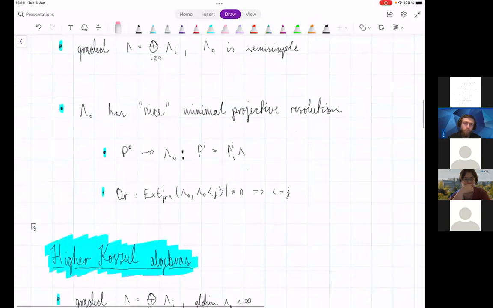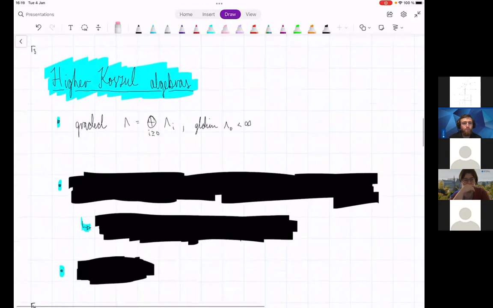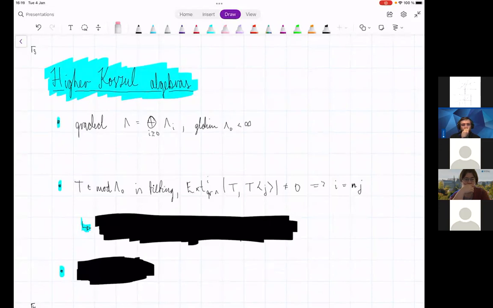When we pass to so-called higher Koszul algebras, we loosen this requirement of the degree 0 part being semisimple. Instead, we only require that it have finite global dimension. Moreover, instead of only looking at lambda 0 as the module having good behavior, we allow ourselves to work with any tilting module over the degree 0 part.